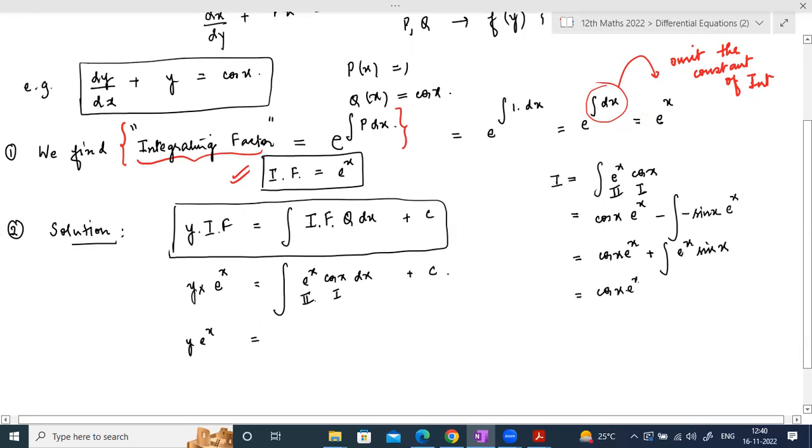Cos x e to the power x plus. Again, sin x will be the first function and e to the power x will be the second function. So it will be sin x into the integral of e to the power x, which is e to the power x, minus the integral of the derivative of sin x, which is cos x, into the integral of e to the power x, which is e to the power x.